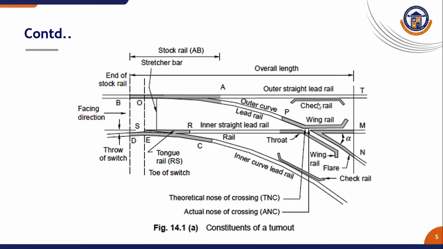The theoretical nose of crossing T and C and actual nose of crossing A and C are very much important to take the turnout from one path to another path.